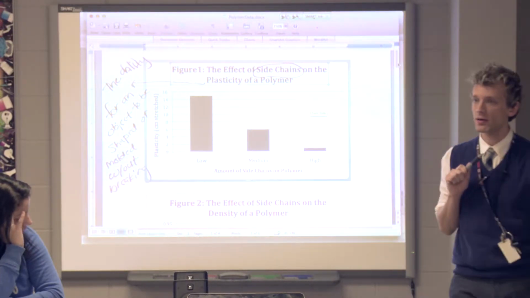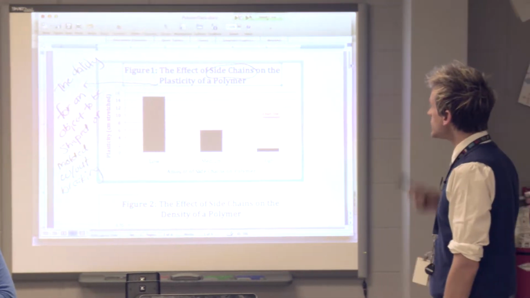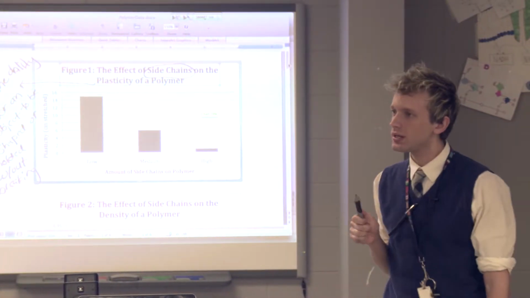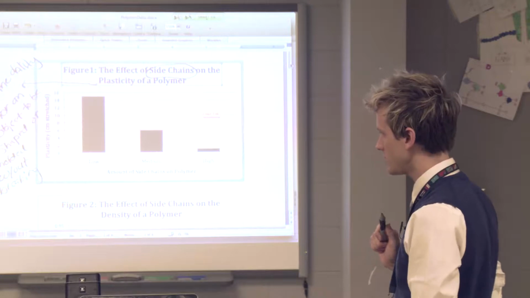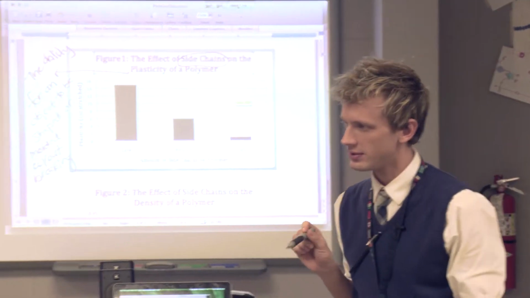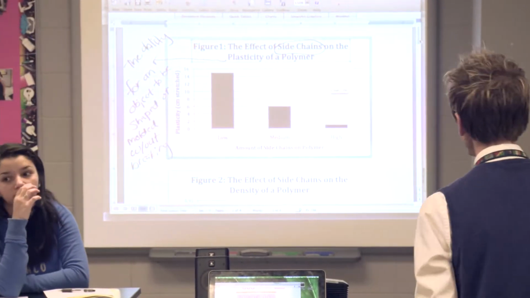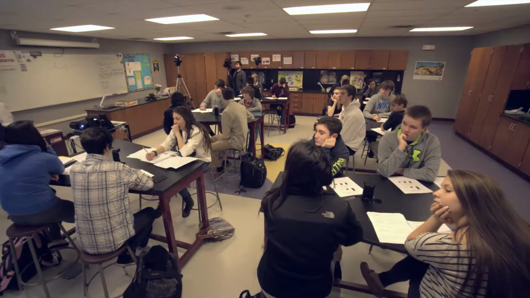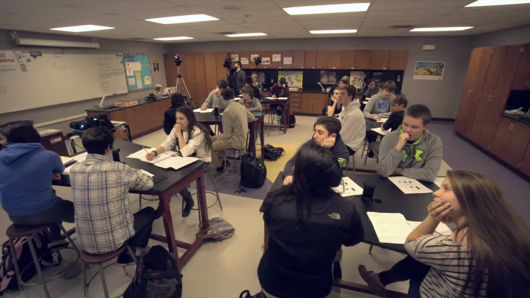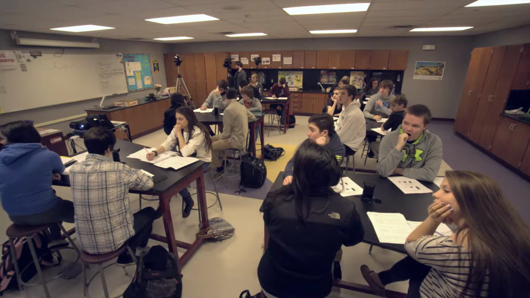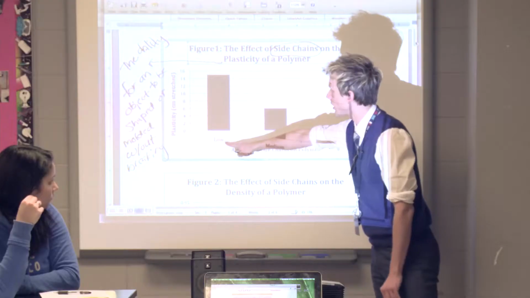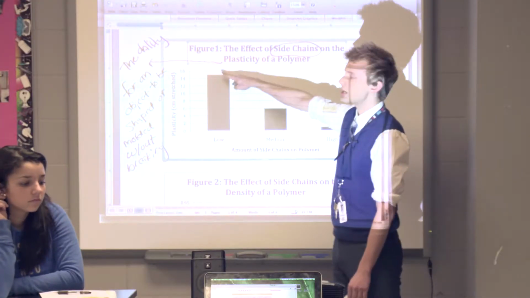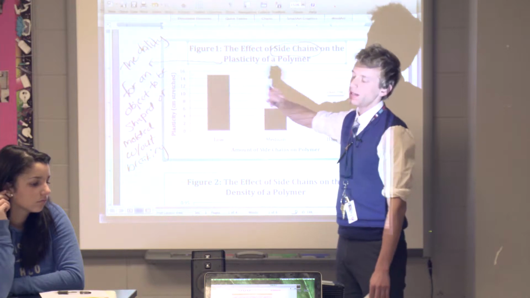The IV is the amount of side chains. So what is the relationship here between the IV and the DV? You all have the graphs at your table. Gio? If there's a low number of side chains, then the plasticity is high. Good. So if there's a low number of side chains, then the object has high plasticity, okay?